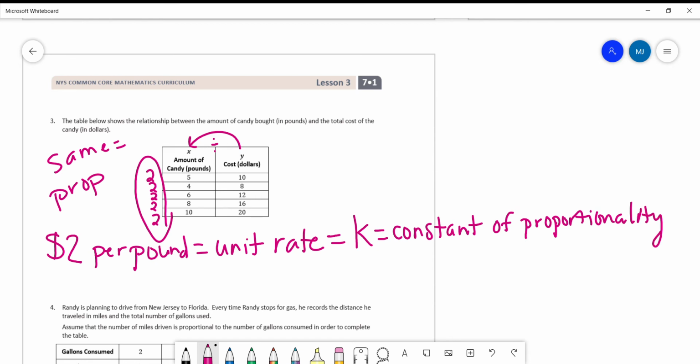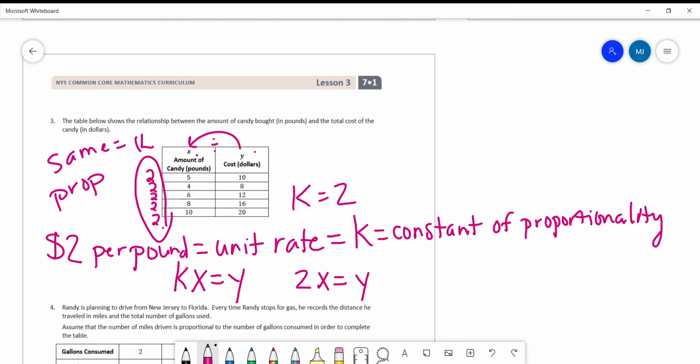So we're going to talk about the relationship of X, Y, and K. So we could take any amount of X, multiply it by K to get Y. So we know that K is worth 2 here. Our unit rate is $2 a pound. So I could do 2 times X to get my total cost, which is Y.